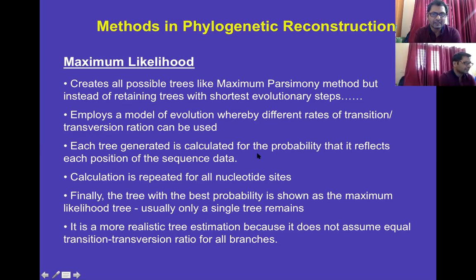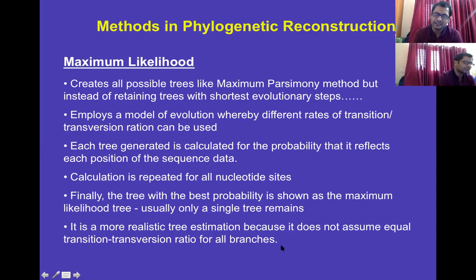Each tree generated is calculated for the probability that it reflects each position of the sequence data. The calculation is repeated for all nucleotide sites. Finally, the tree with the best probability is shown as the maximum likelihood tree. Usually only a single tree remains. It is a more realistic tree estimation because it does not assume an equal transition-transversion ratio for all branches. So you got it.